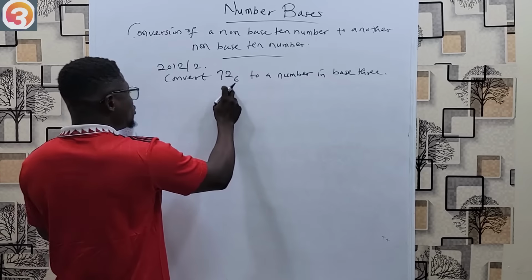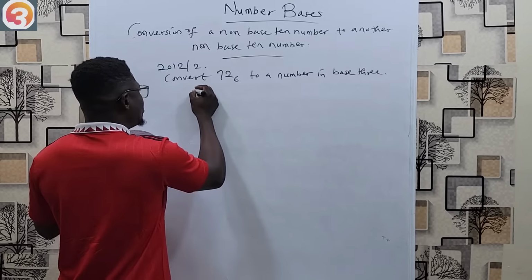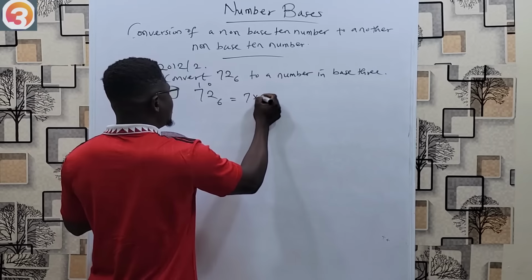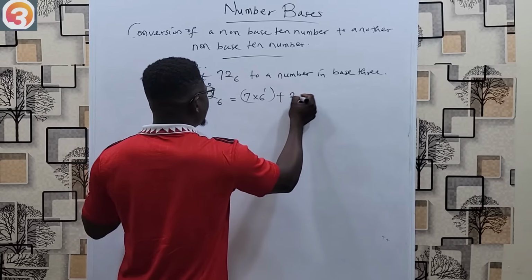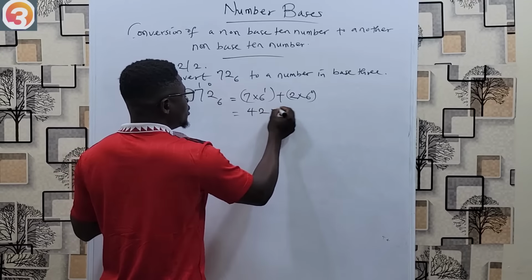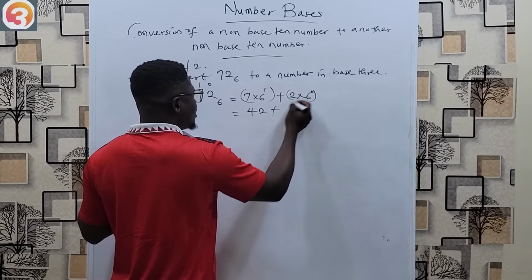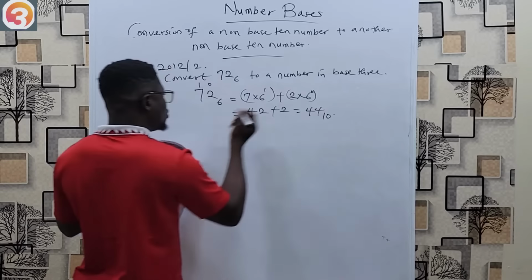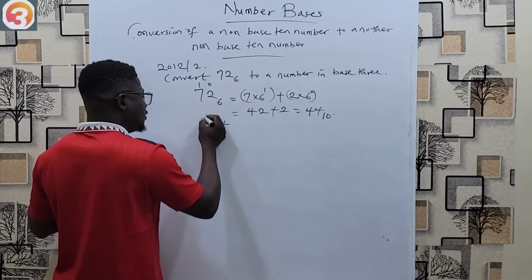So first of all, convert 72 base 6 to base 10. So I'm going to have 72 base 6, positions 0, 1. It's very easy now. So 7 times 6 raised to power 1, then plus 2 times 6 raised to power 0. So 7 times 6 is 42, plus 6 raised to power 0 is 1, 2 times 1 is 2. So I'm going to have 44 base 10. So to base 3, you simply do your division.